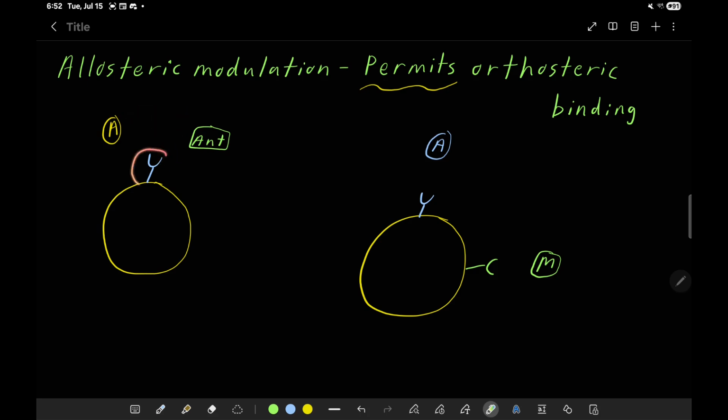So within orthosteric sites, only one thing at a time can bind because they're fighting to bind to the same receptor. But on the other hand, now we have orthosteric sites and allosteric sites. So if a modulator comes and binds to an allosteric site, then something else can still come and bind to your orthosteric site because remember, these are two distinct receptor sites. It's not like one or the other can bind like you have when you only consider orthosteric sites.